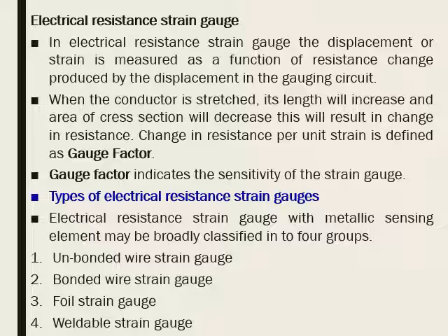Basically, capacitance strain gauges are capacitors in which one plate is stationary, and the other plate, the mobile one, is connected to the workpiece under test. The deformation of the latter results in a capacitance change of the capacitor.